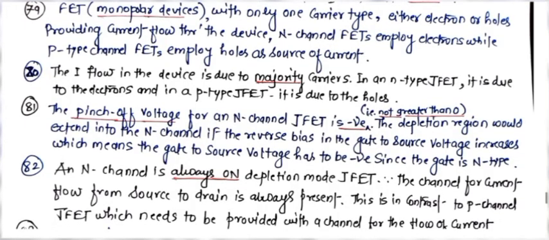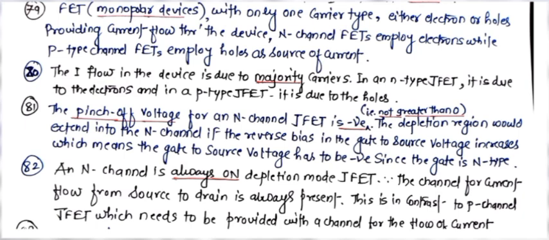FETs are monopolar devices with only one carrier type, either electrons or holes, providing current flow through the device and channel. N-type channel FETs employ electrons, while P-type channel FETs employ holes as a source of current. The current flowing in the device is due to the majority carriers.